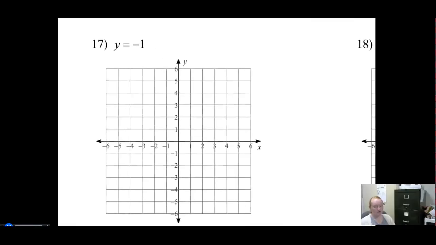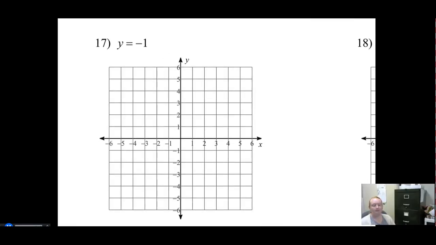Y equals -1. I'm starting to freak out. I think this is not in y equals mx plus b form. I just don't see it. I don't see any x's. If I see no x's, that's the same thing as seeing 0 x's.